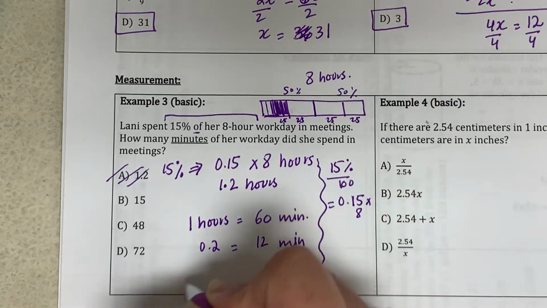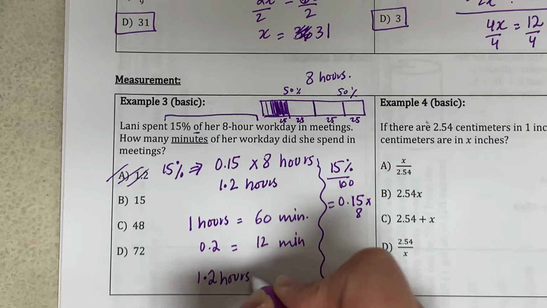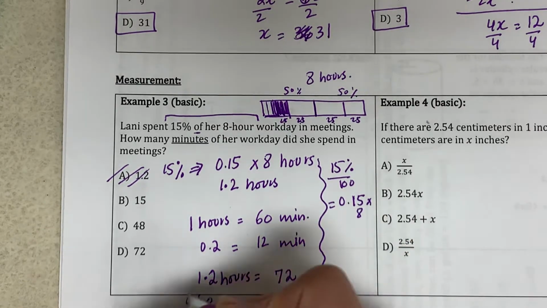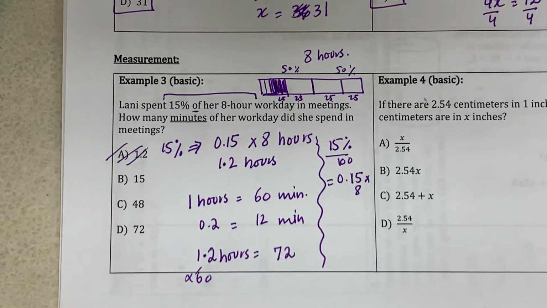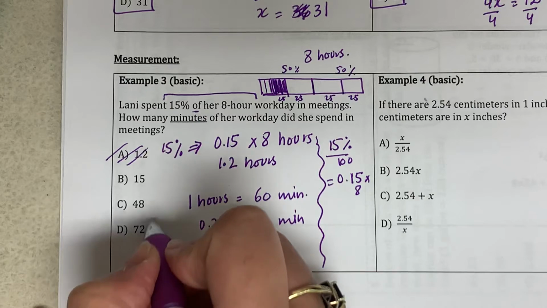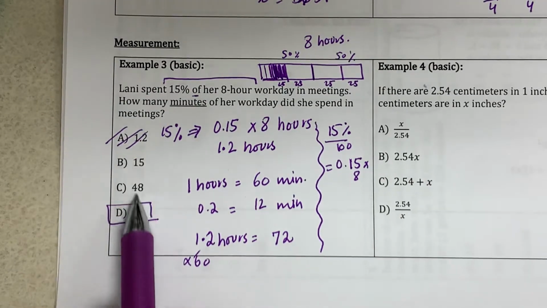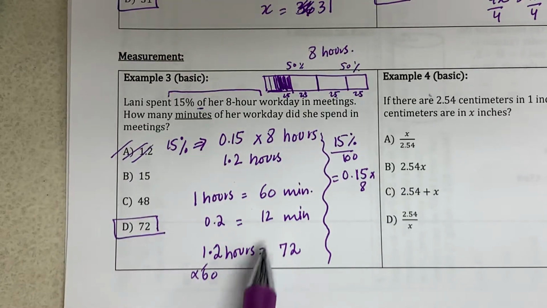So this is basically 1.2 hours multiplied by 60 is 72, because you have to convert it into minutes. 1 hour has 60 minutes, so you convert and multiply by 60. So it is 72. I already knew it because these are smaller, less than 60 minutes. So it has to be 72.